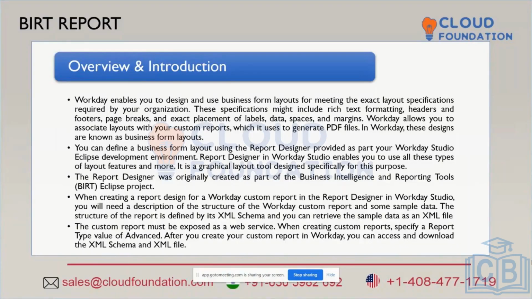Studio plays a major role by creating the interface that connects data from one system to another. When creating custom reports, specify a report type value of Advanced. That's where you check the box that enables the web service on the Advanced tab. After you create your custom report in Workday, you can access and download the XML schema and XML file.